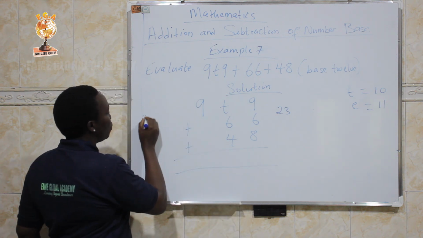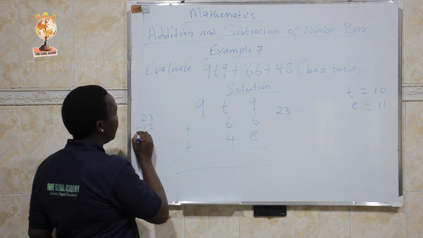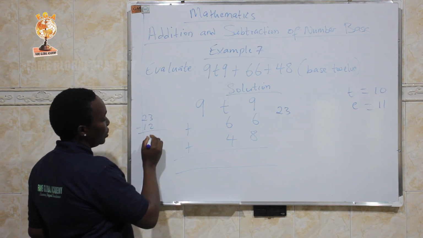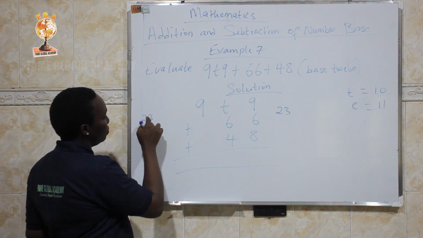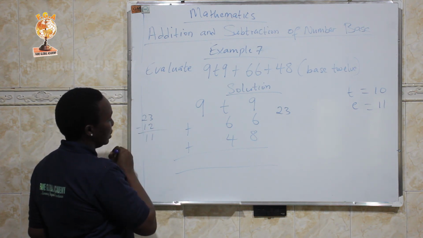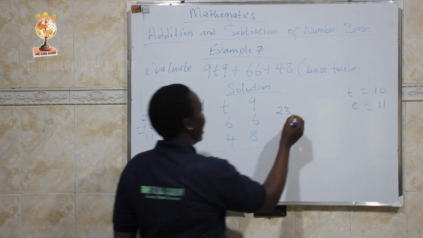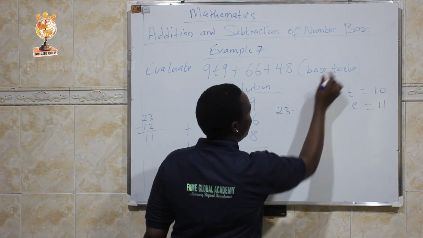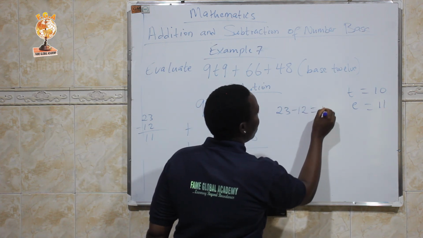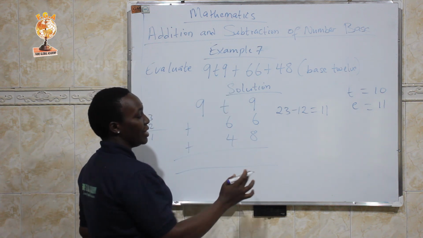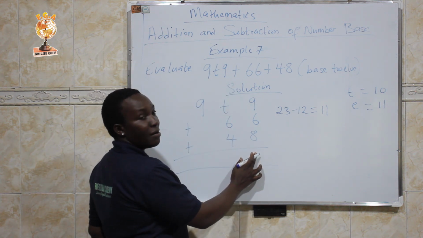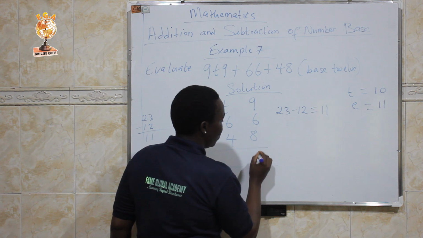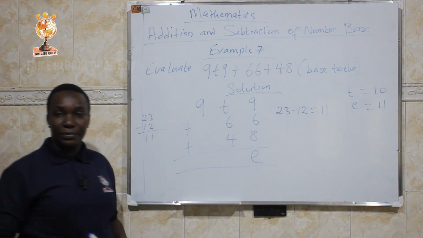So we have 23 minus 12. So 3 minus 2 is 1. 2 minus 1 is 1. So our answer is what? 11. 23 minus the base, which is 12, is equals to what? 11. Now, like I said, you are not going to write 11 here. Rather, you write it as E. So what we have here is E.